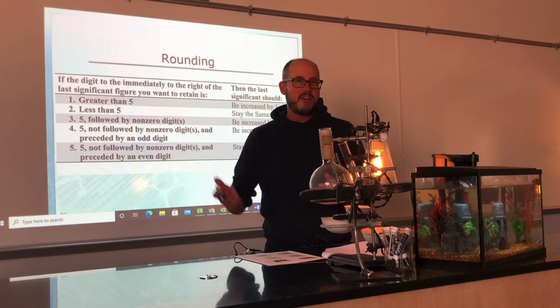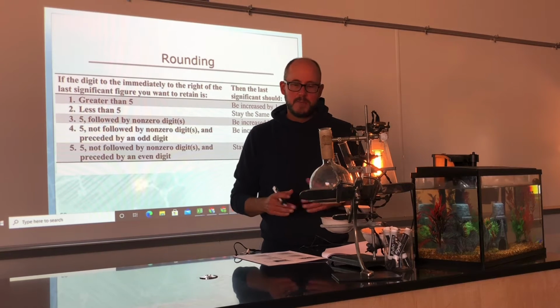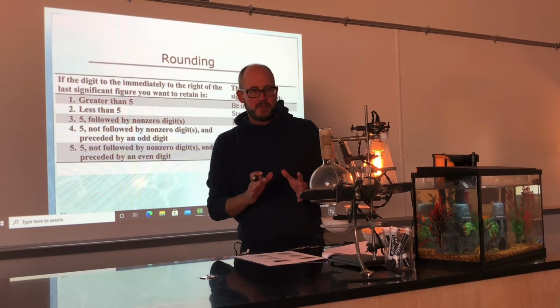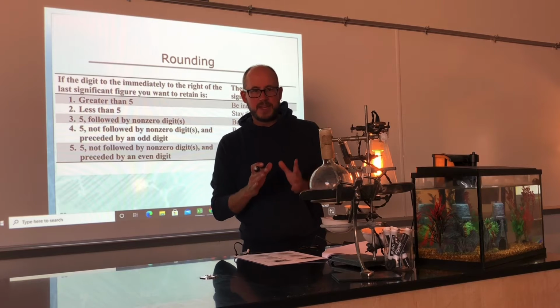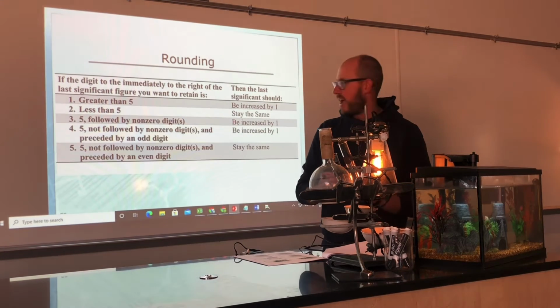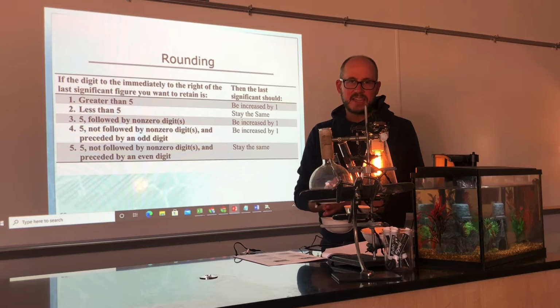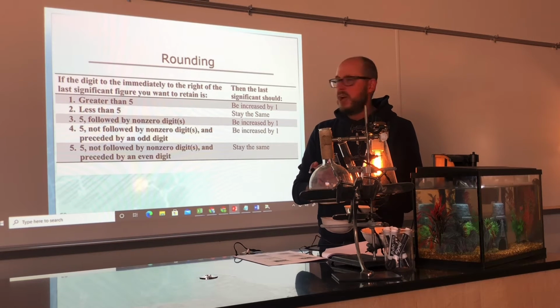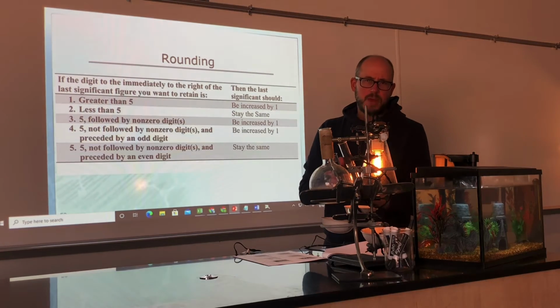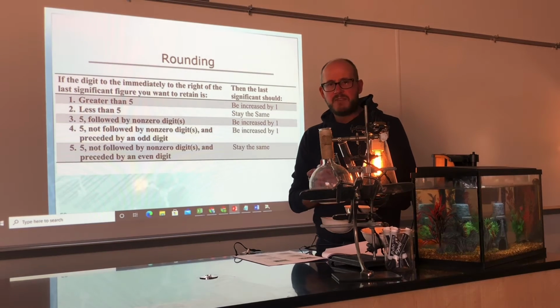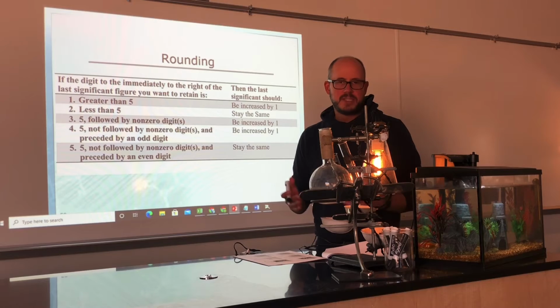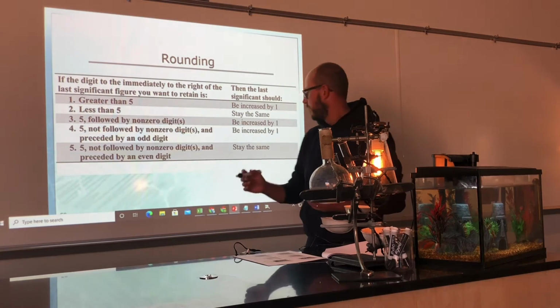If it's more than 5, bump it up to the next number. But if it's 5, we treat it differently depending on the scenario. If it's 5 followed by other stuff, bump it up. If it's exactly 5 after that last digit, we really don't know if the person rounded it up to 5 or down to 5, so we just have an arbitrary rule that says round it to the even number.